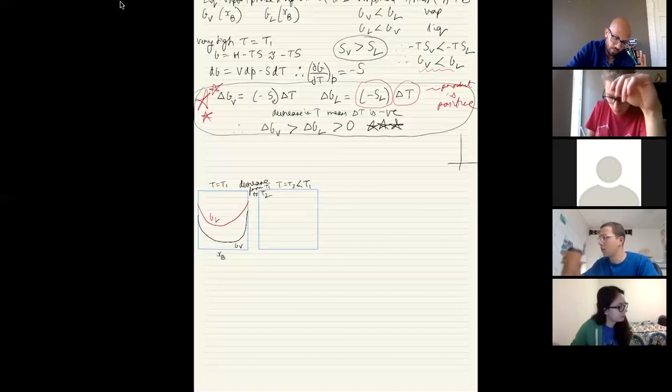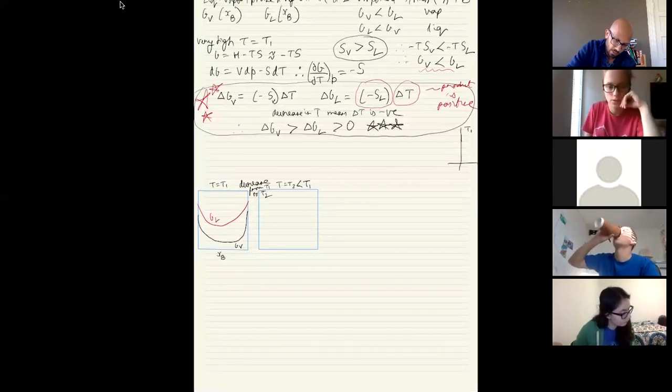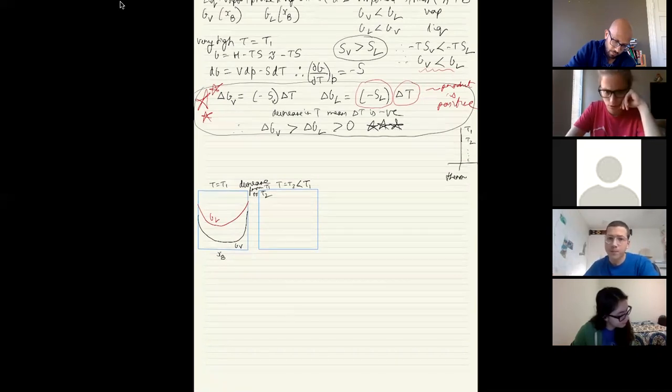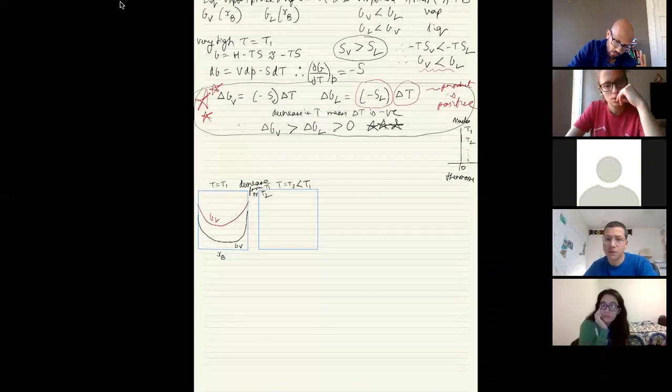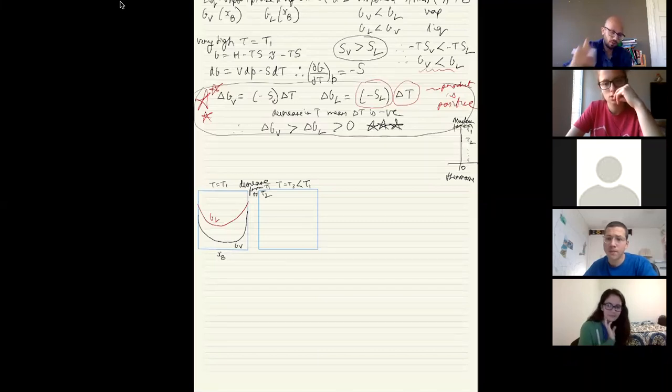Okay? So we went down from T1 to T2. So this is our thermometer. T1, T2. This is our thermometer. And somewhere over here it's absolute zero. And this is, I don't know, nuclear fusion temperature, some very high temperature. Okay, so we are going down from T1 to T2. So both of these curves are going to move up.